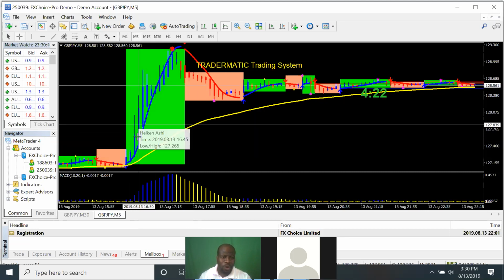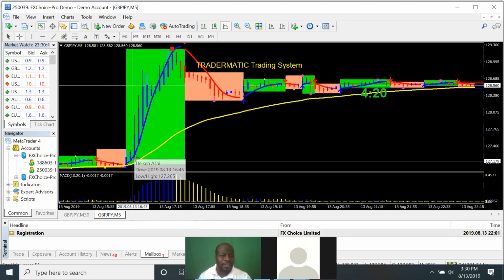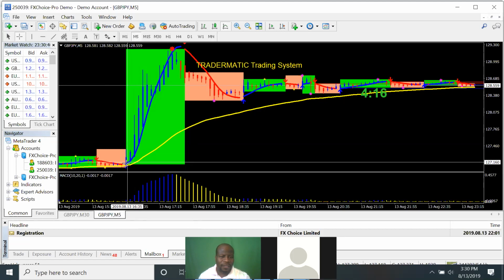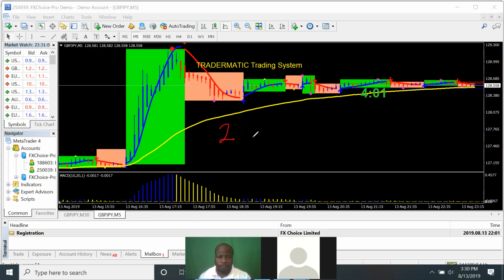The trend line is blue. Exponential is blue. Everything here is telling you, okay, you can go long. Look at it. And you write it. This is 208 pips. Now, somebody will say, okay, so what does that mean to me? 208 pips.